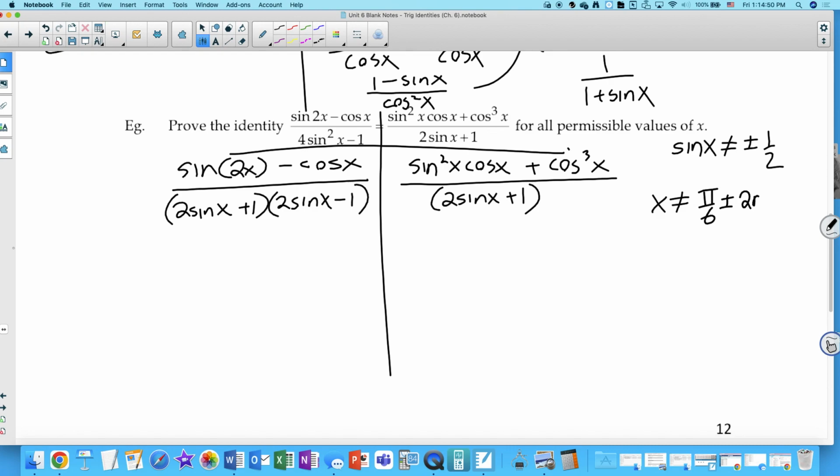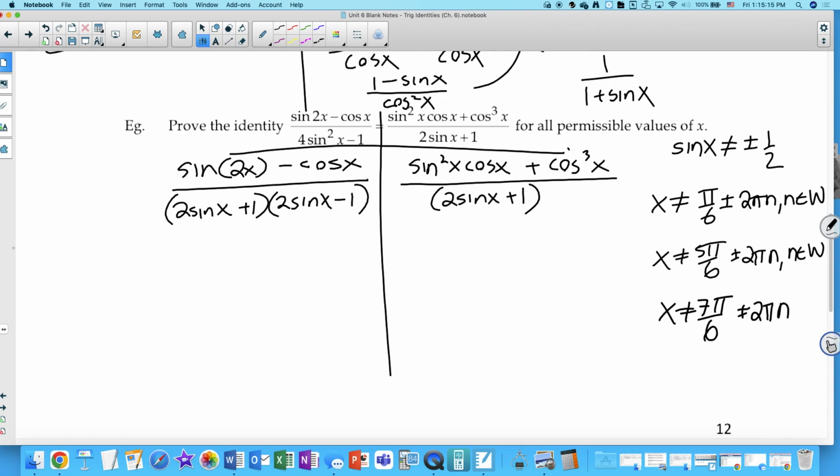So that's the first quadrant angle. Second quadrant would be 5 pi by 6 plus or minus 2 pi n, where n is an element of the wholes. The third quadrant is pi plus pi by 6, so 7 pi by 6. And the fourth one would be 2 pi minus pi by 6, which is 11 pi by 6.